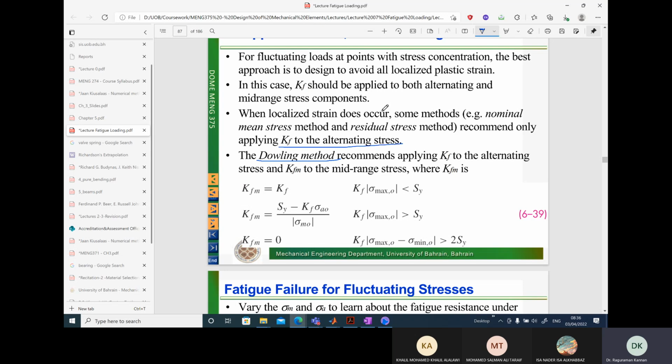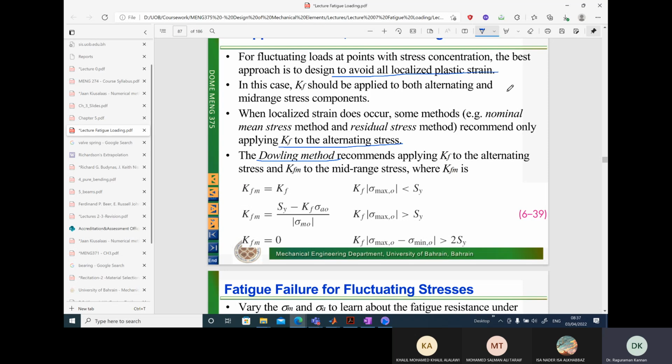So when localized strain does occur, some methods recommend only applying Kf to the alternating stress and not applying any Kf to the mean stress. So that is what is meant here, especially when localized strain occurs. For fluctuating loads at points with stress concentration, the best approach is to design to avoid all localized plastic strain.